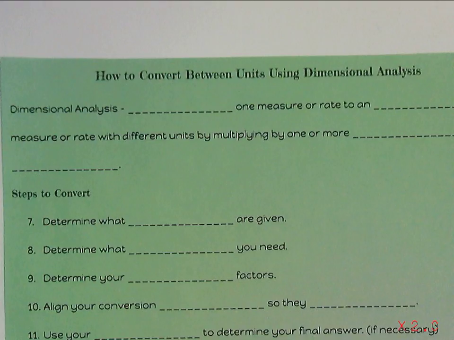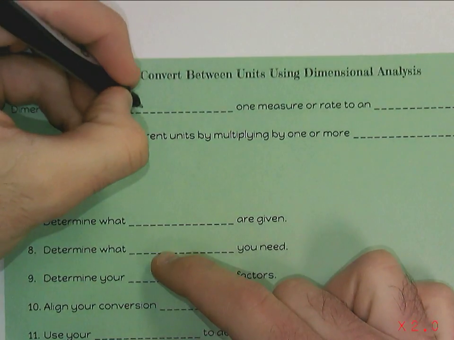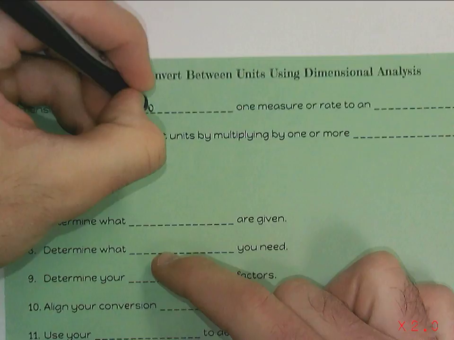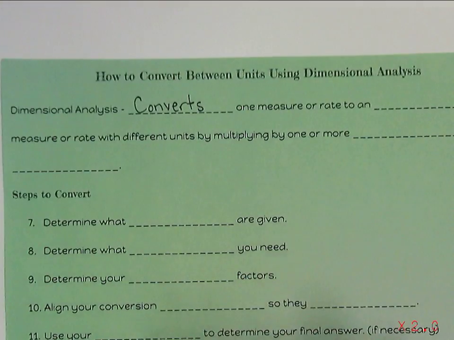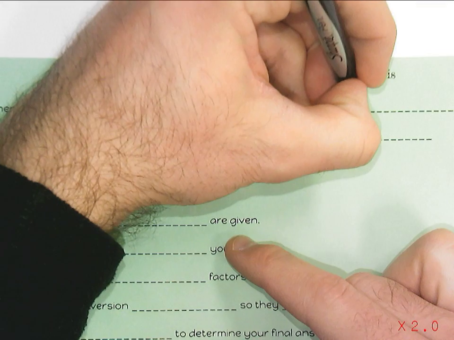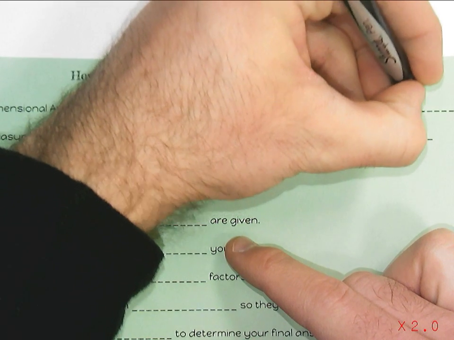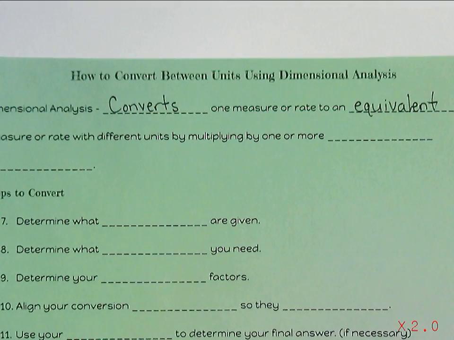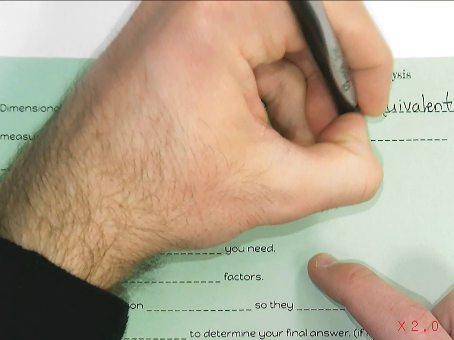Well, what it does is it converts one measure or rate to an equivalent measure or rate with different units by multiplying by one or more conversion factors.